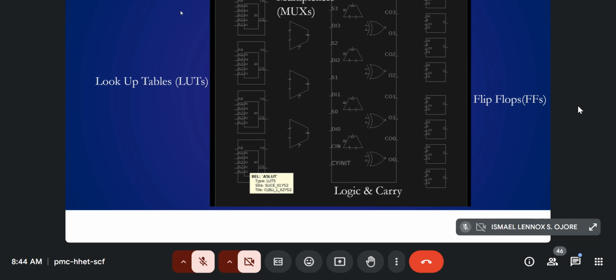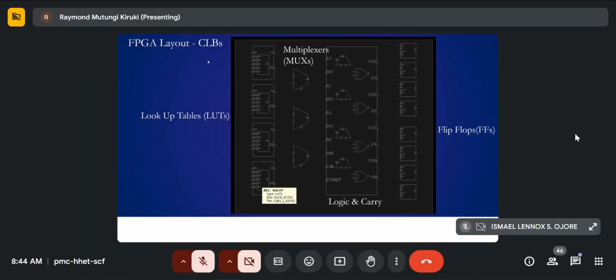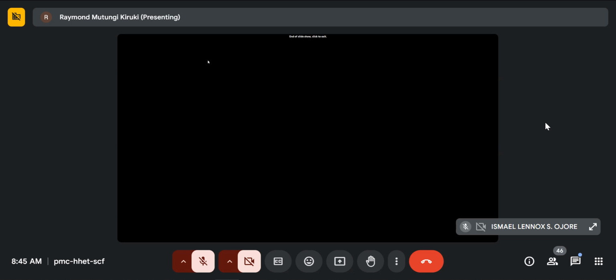We have the flip-flops, the multiplexers, the lookup tables, and a logic and carry unit. So at the very basic, a configurable logic block will contain those elements, and through some hardware programming language, these can be wired differently to achieve whatever circuit you want. So basically, that's the FPGA in a nutshell.